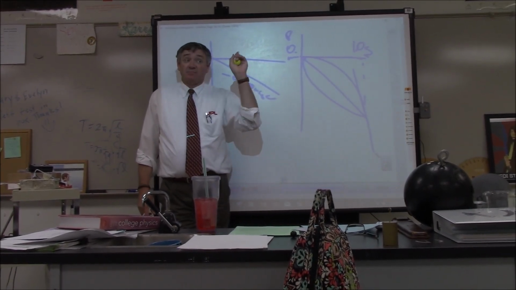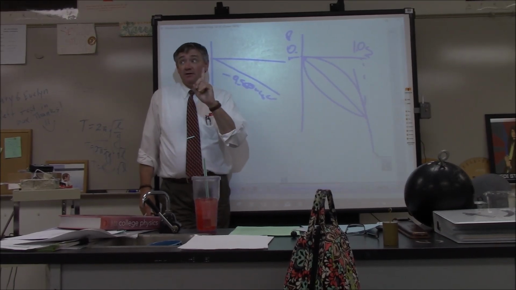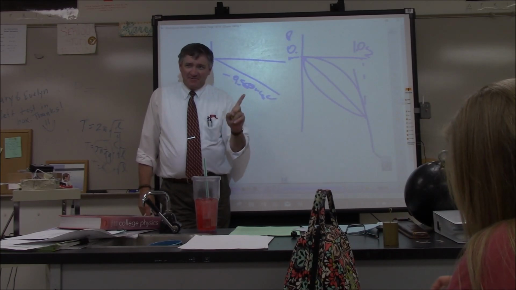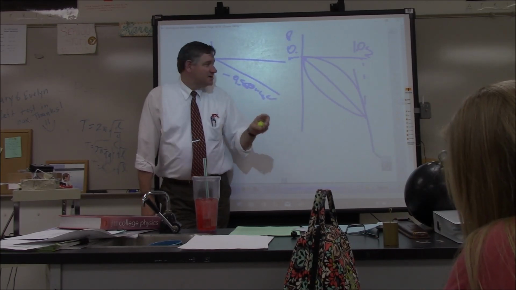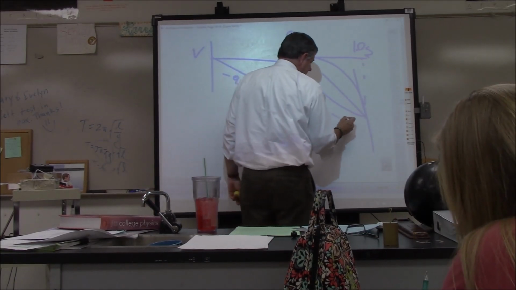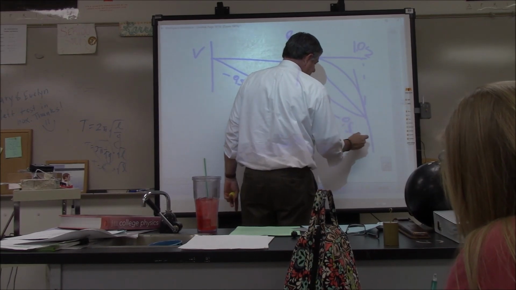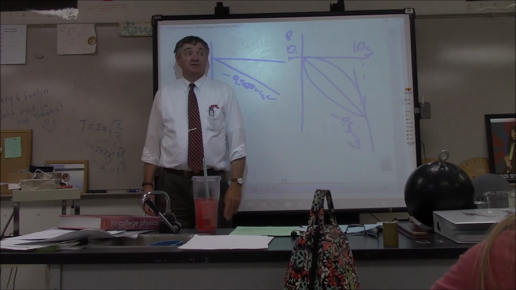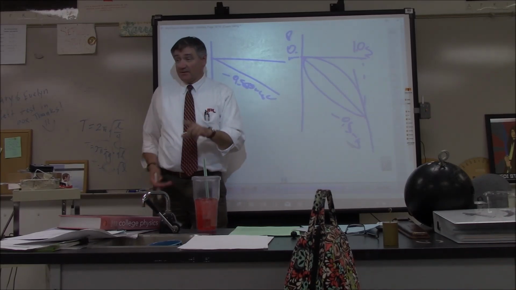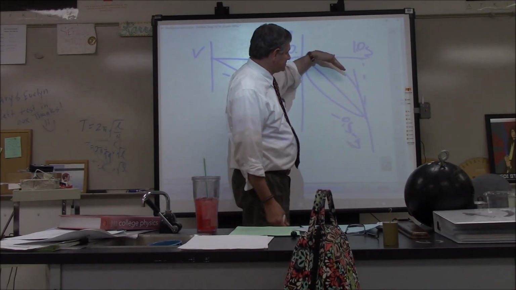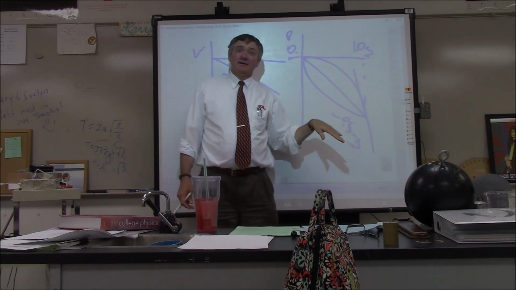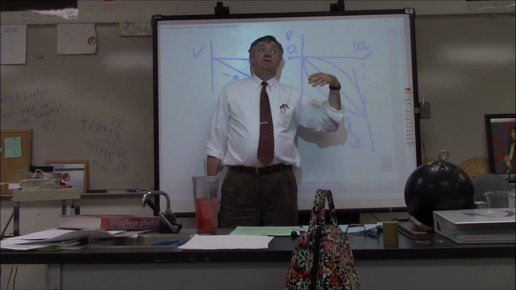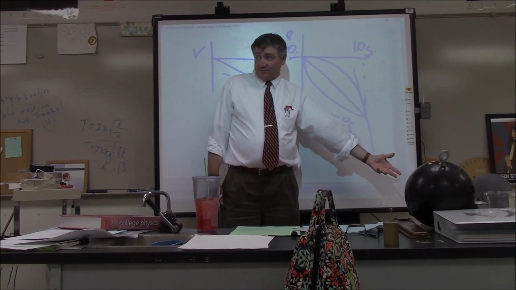Because it's the acceleration, and because it fell for exactly 1 second, that's how fast it's going at the end of 1 second. That's going to be the slope of your tangent line, negative 9.8 meters per second, if it fell for exactly 1 second. If it fell less than a second, your velocity is going to be less than negative 9.8. If it falls for more than a second, it's going to be greater than negative 9.8.